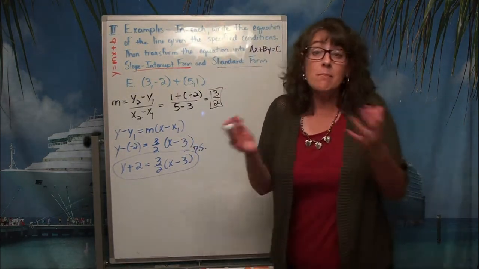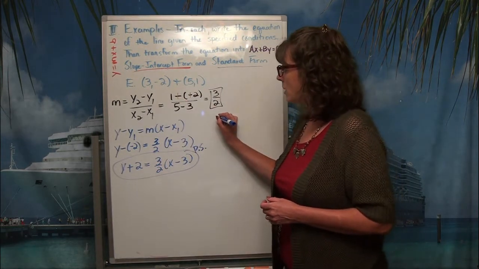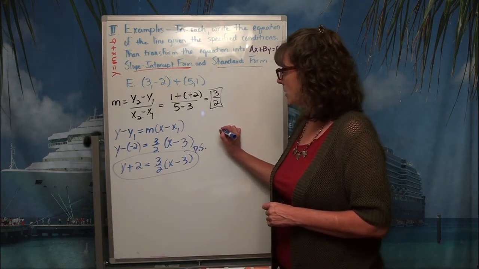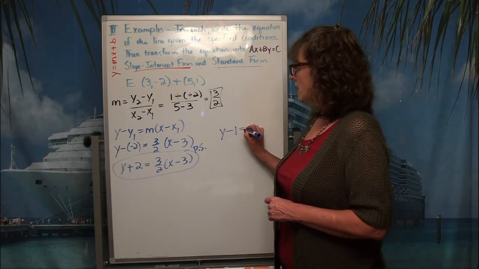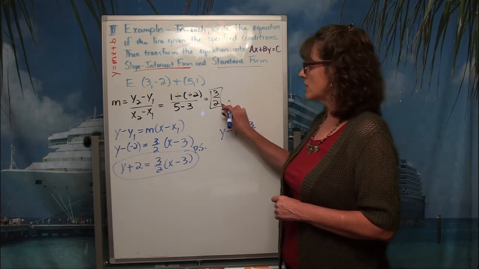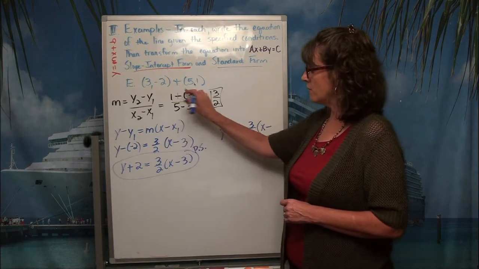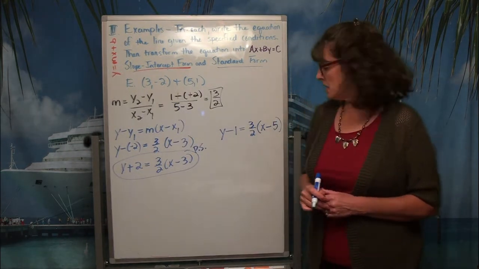Now, like I said, it doesn't matter which point you use. So let's try this one out. So here I go, plugging it into my y minus y1 equals m times x minus x1. And when I plug it in, I get y minus 1 equals 3/2 is my slope times x minus 5. Is there any cleanup that needs to be done?